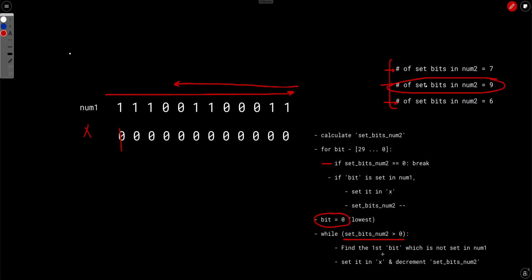If there are, then we will find the first bit which is not set in num1. So we start from here, bit equals 0. Now we'll find the first bit which is not set here. So in this case, the arrow will come here, and we will set it and decrement the set bits. Okay, so that's what we are doing.